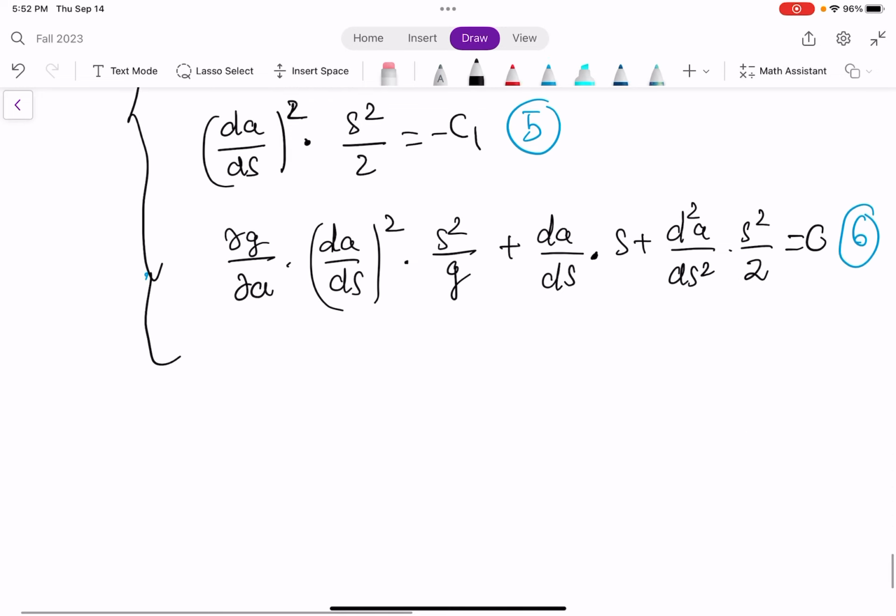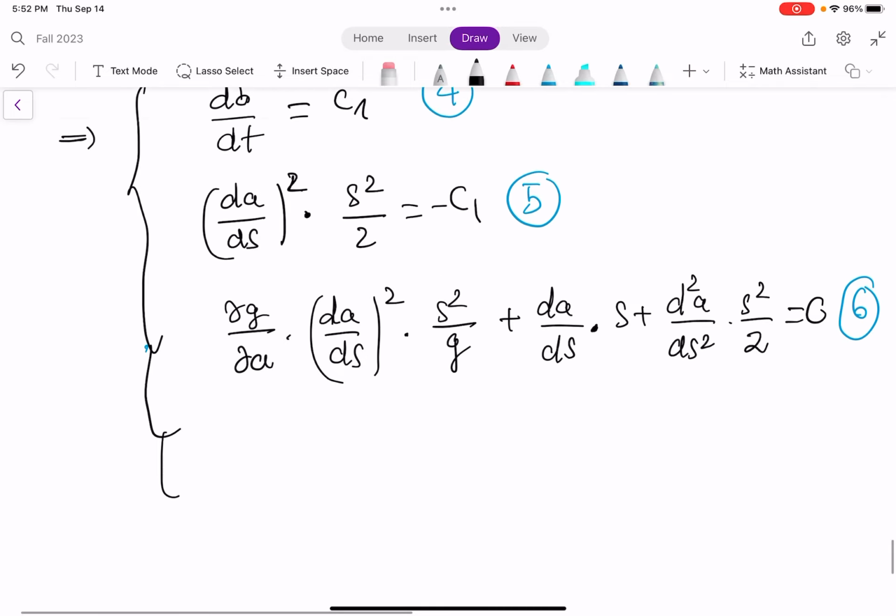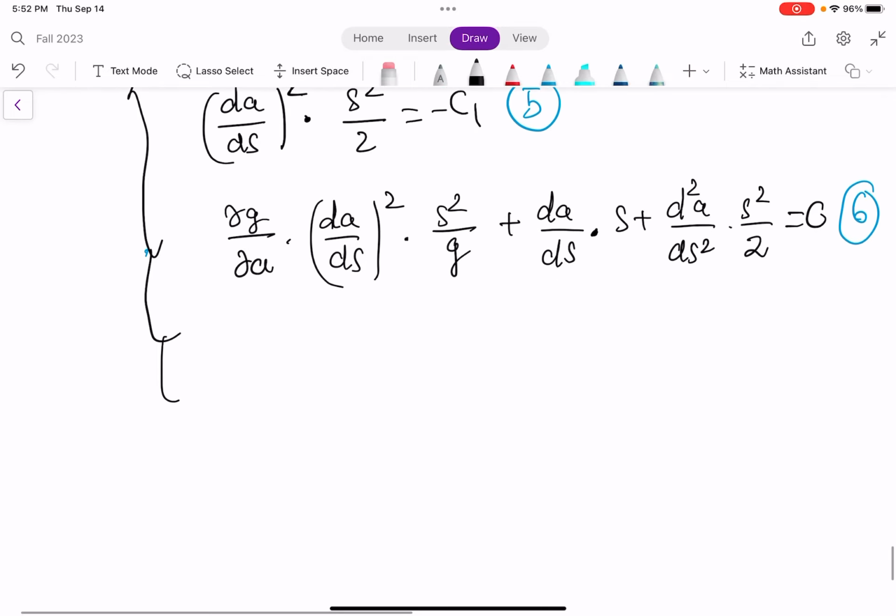And the next equation you're gonna have is the coefficient of f equals 0, which is the longest coefficient in the world.